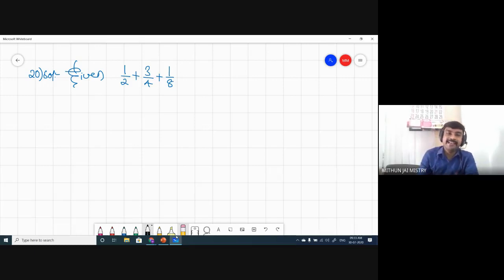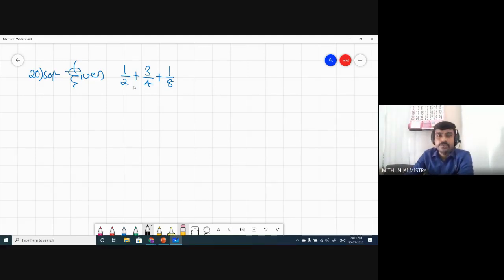Children, we have already done many questions where we added two fractions, right? That is addition of fractions we have seen. But here, instead of 2, 3 fractions are given. 1 by 2 is the first fraction. 3 by 4 is the second fraction. 1 by 8 is the third fraction, right?